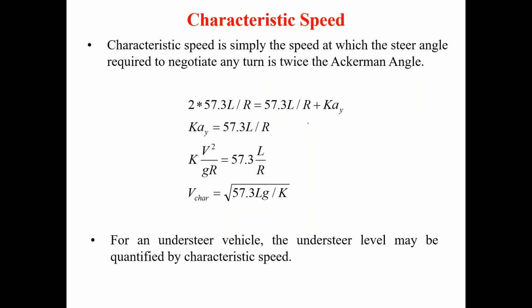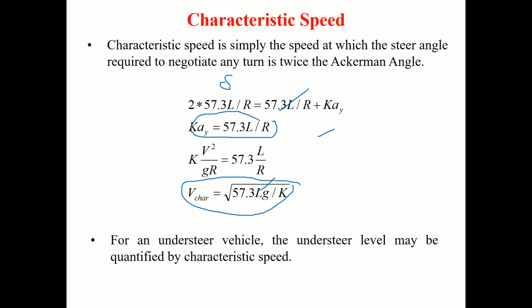So what is that characteristic speed value? In place of delta, 2 times 57.3 L by R you substitute. So now 2 times of that, in that you subtract, you will get 1 time left. AY is nothing but V squared by GR. From that we can find characteristic speed.